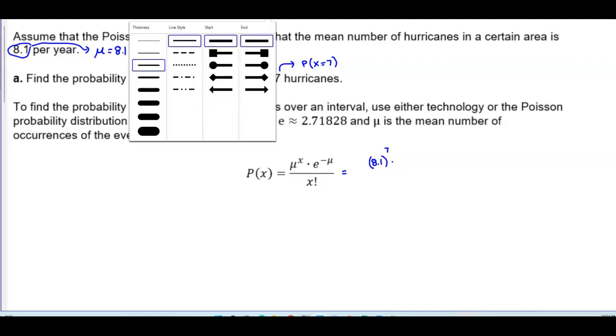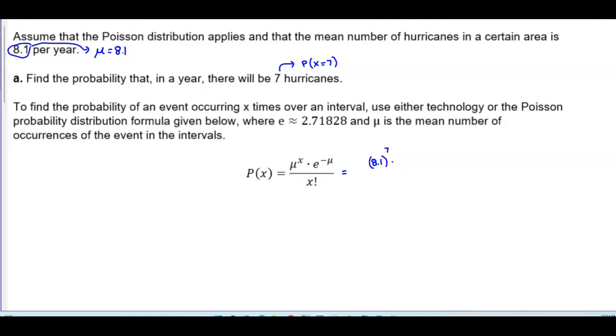So let's go ahead and write that in there. So we have times 2.71828, and then we're raising it to the power of the negative value of the mean, which is 8.1. And then we're going to divide that by x factorial, which is 7 factorial.